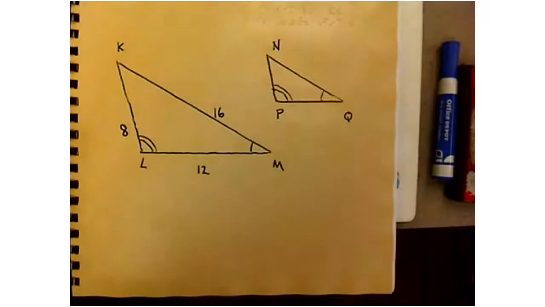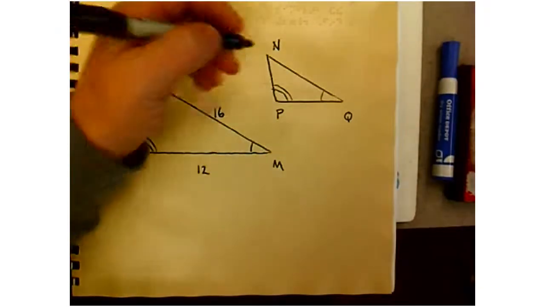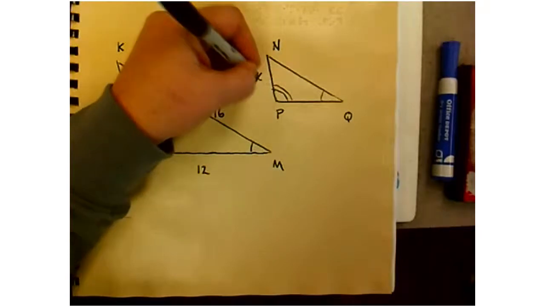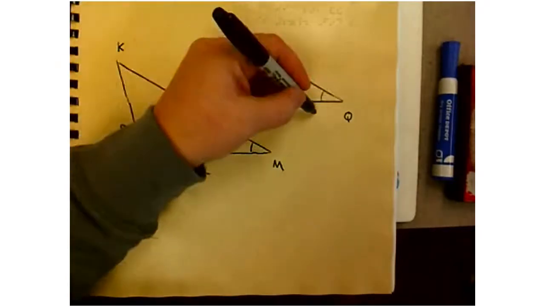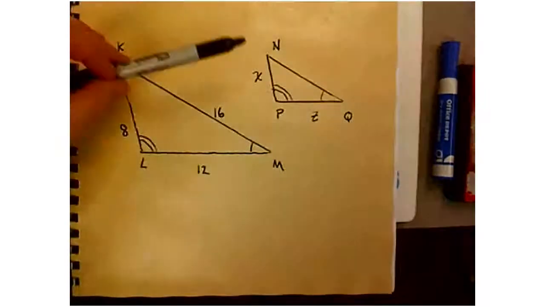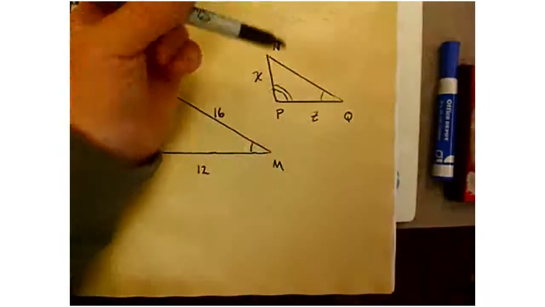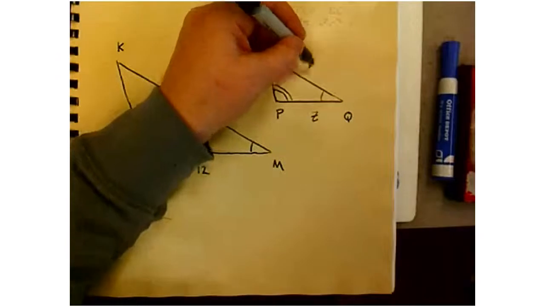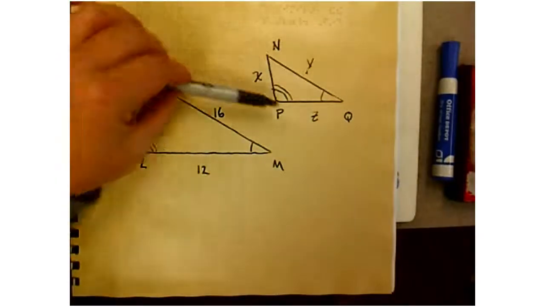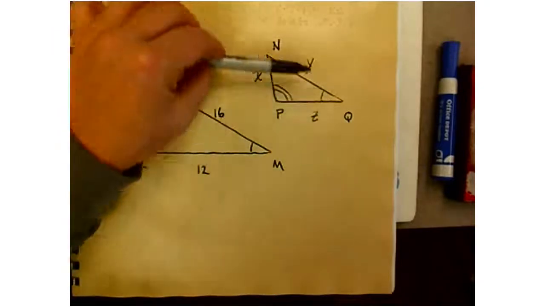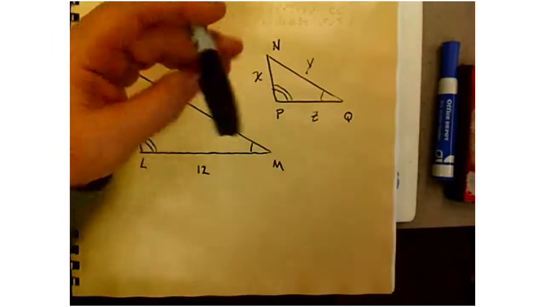So we've got angle, angle, don't we? From N to P on the left-hand side is X. From P to Q on the bottom is Z. And from N to Q is Y. And you are given that the perimeter of triangle NPQ is 27.